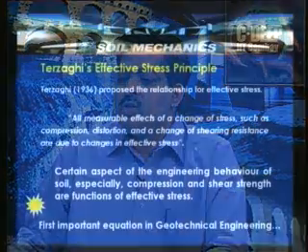Certain aspects of the engineering behavior of soil, especially compression and shear strength, are functions of effective stress. Any change in effective stress affects the shear strength characteristics as well as the compression characteristics of a soil. So this is the first important equation in geotechnical engineering.